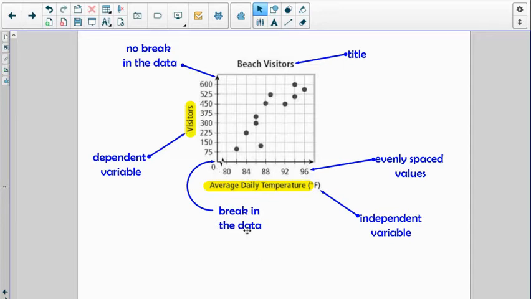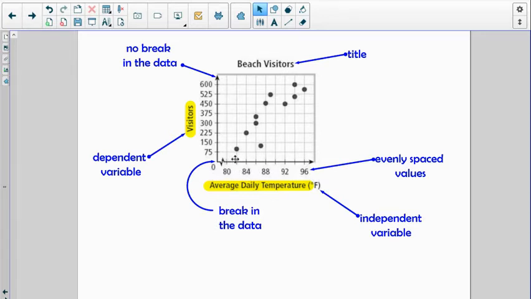I want you to notice that we have evenly spaced values on both the x and y axes. If we look carefully at the x-axis, average daily temperature, it's going from 80 to 84 to 88 to 92 to 96. So it looks like it's jumping up 4 degrees every time they put a label on there. But if you look carefully, there are 2 spaces between every set of numbers.